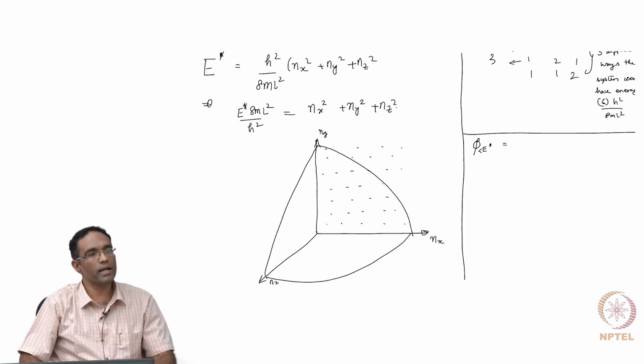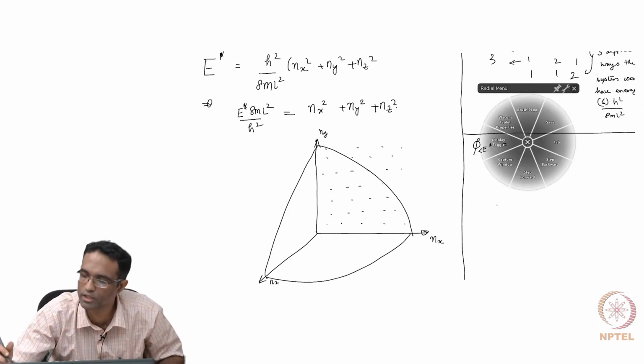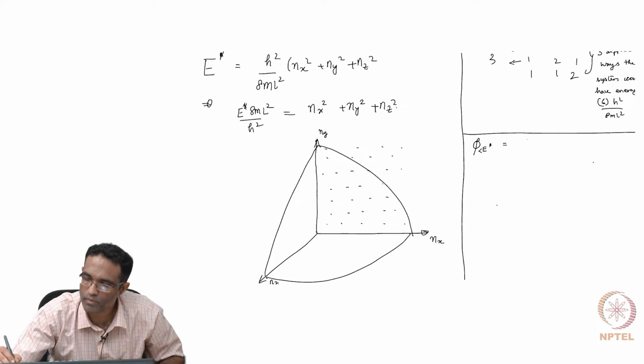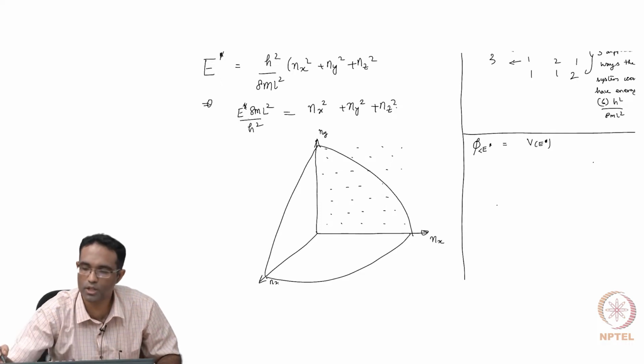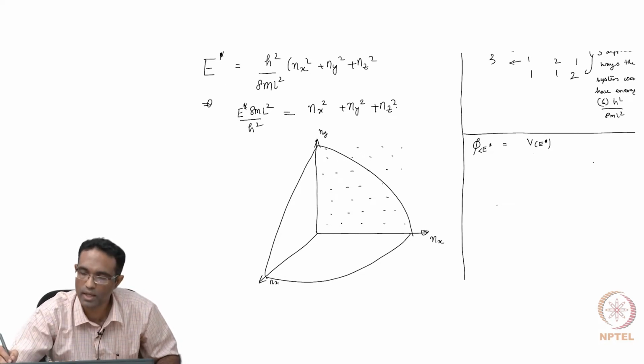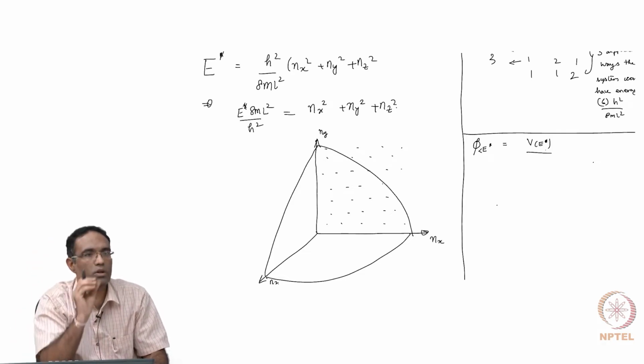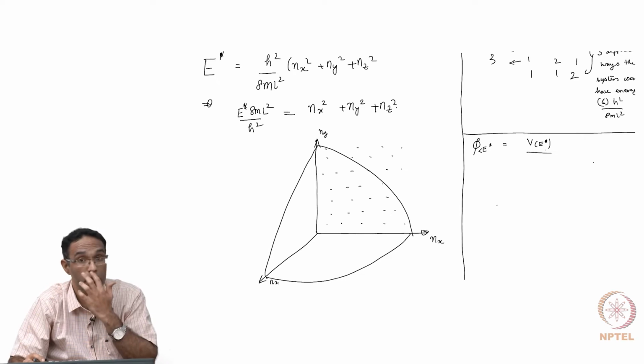So how would you calculate that? You can basically calculate the volume of this entire sphere, the volume of the sphere at this energy corresponding to E star 8 ml square by h square, and divide by the volume of each individual block that is making up the sphere.